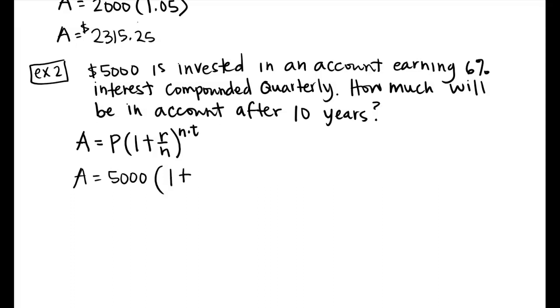And then 1 plus, remember my interest rate is 6%, so that should be 0.06 divided by, remember N is coming from this quarterly, right? And remember we said quarterly means 4 times a year. So that means I'm going to have a 4 there. And then raised to the 4 times 10 power.